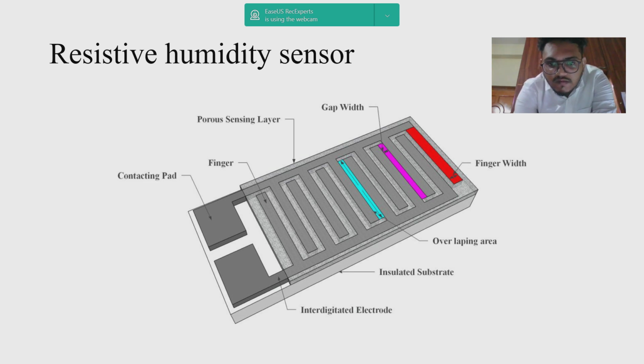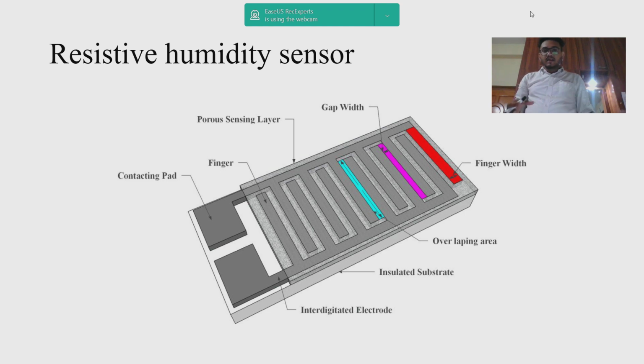Next, we are going to see the thermal conductivity humidity sensor. Thermal conductivity humidity sensors rely on the fact that air's thermal conductivity is influenced by water vapor content. The sensor typically consists of a heated sensing element exposed to the air. The heated sensing element is nothing but the thermistor, which we use in industries and for experiments.